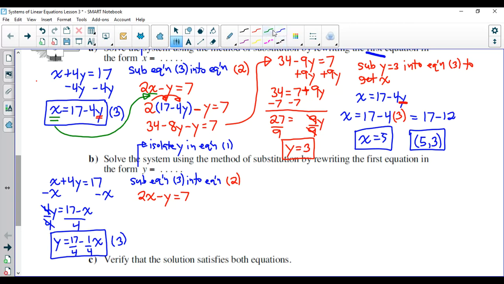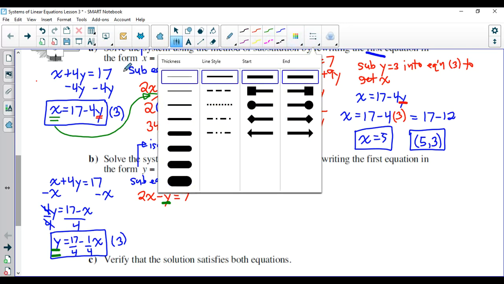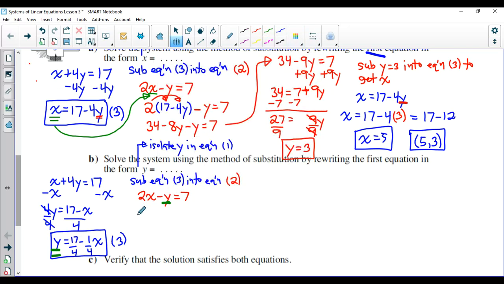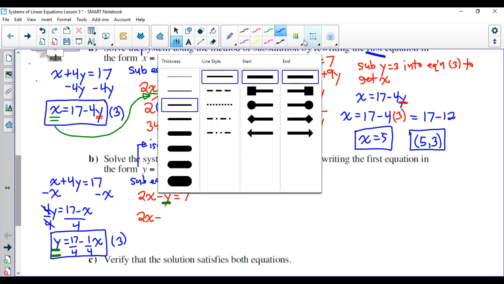What I'm going to do here is take this value of y and plug it into the equation, replacing y with this ugly expression. So this is going to turn into 2x minus, and now we're going to sub this in brackets.